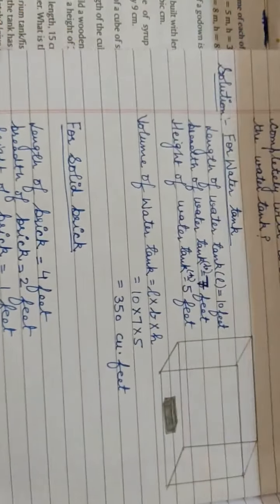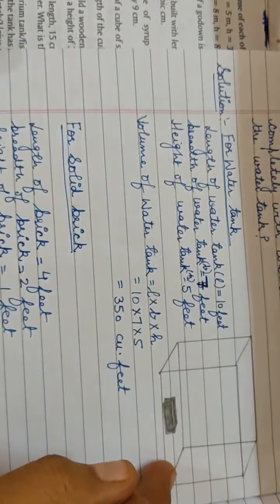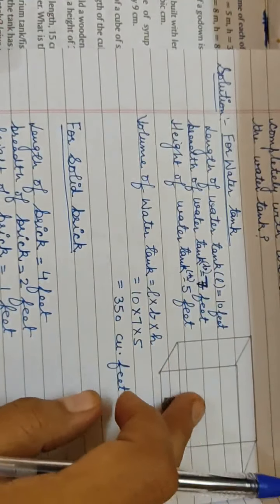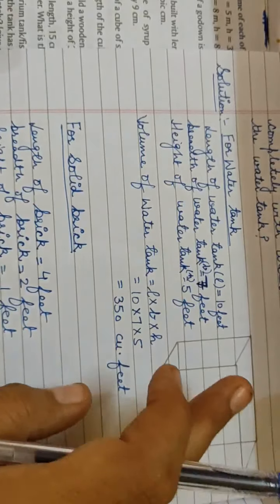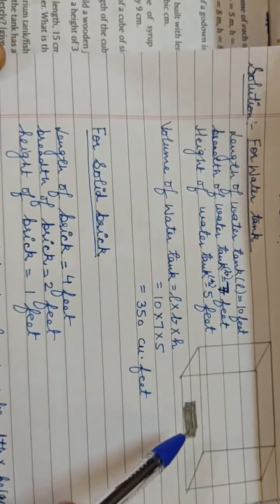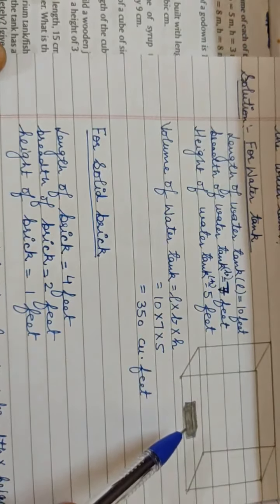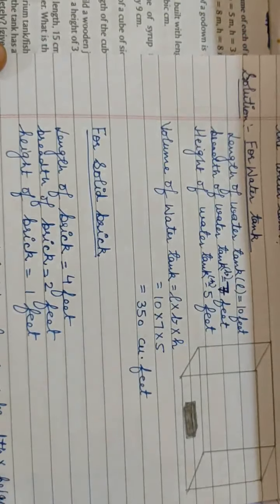Now we have to find how much water can be filled in this tank with the solid brick at the bottom of this water tank. So how we will find? We will subtract the volume of this solid brick from the volume of total tank.